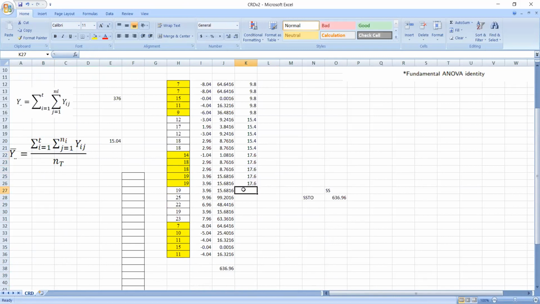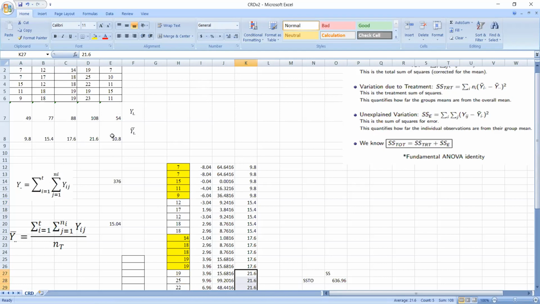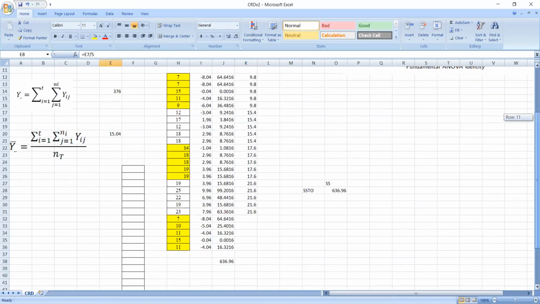So here we have 21.6. And if you check the treatment mean for the last treatment, that is 10.8. So we can put 10.8 here.